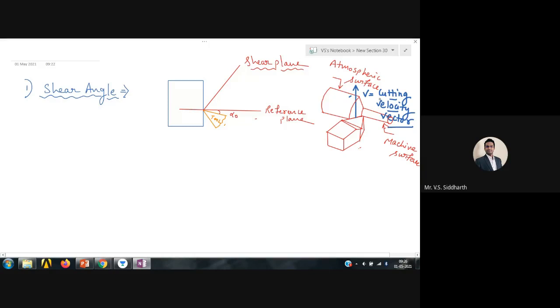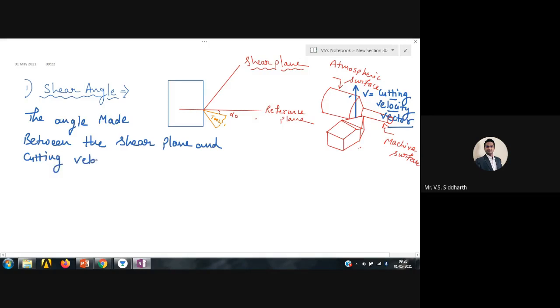So the definition of shear angle is the angle made between the shear plane and the cutting velocity vector.